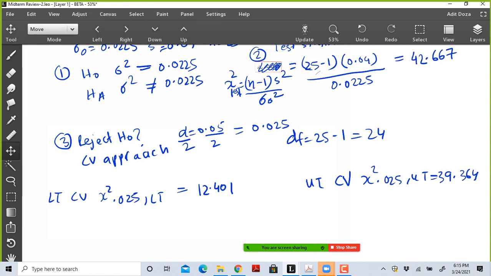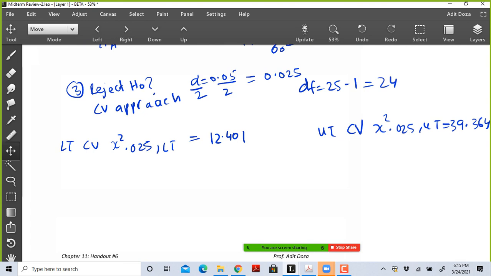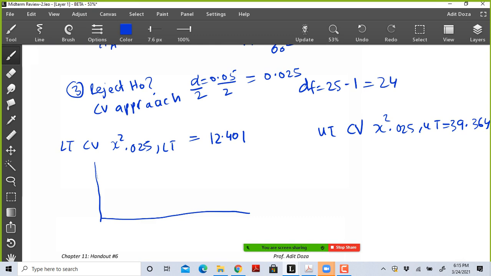So you can draw the critical value diagram. This is the lower tail critical value 12.401. Upper tail critical value is 39.364.